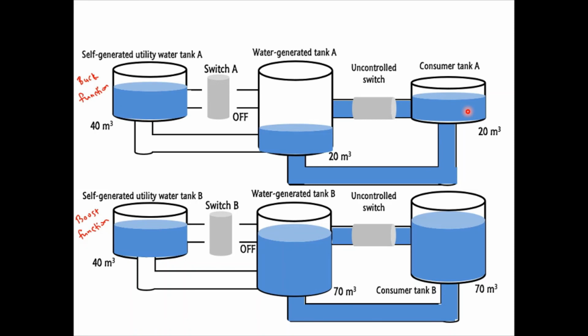However, throughout the system operation, we can see there is no direct connection between the utility tank and the consumer tank. Therefore, in the DC converter circuit, you will see there is no direct connection between the load and the DC supply whenever the transistor is turned on or turned off.